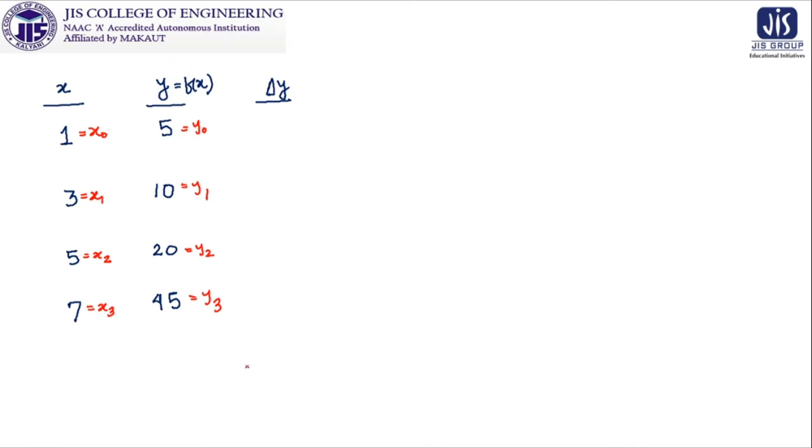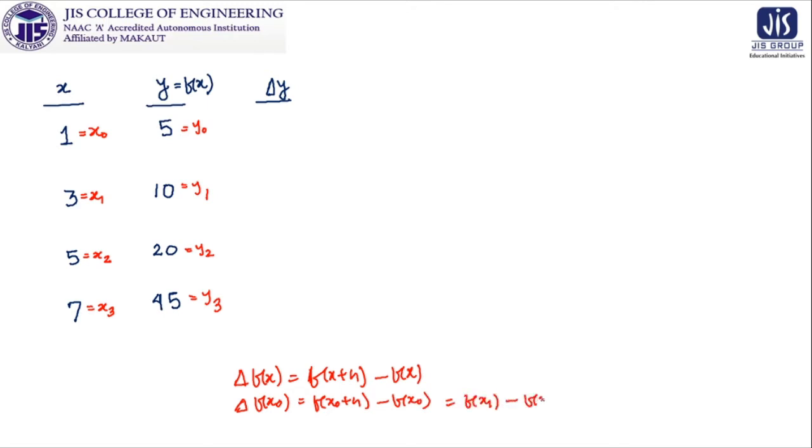And we know that del of f(x) is equal to f(x plus h) minus f(x). So del of f(x0) is equal to f(x0 plus h) minus f(x0), that is f(x1) minus f(x0), and we can write it as y1 minus y0.